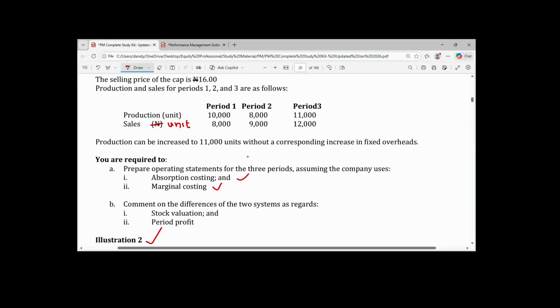B, comment on the difference of the 2 systems as regards 1, stock valuation, and then period profit. That is what the examiner wants you to do. So in this question, we want to prepare operating statements using the absorption and then the marginal costing. Let me switch to the working note so that together we can solve the question.